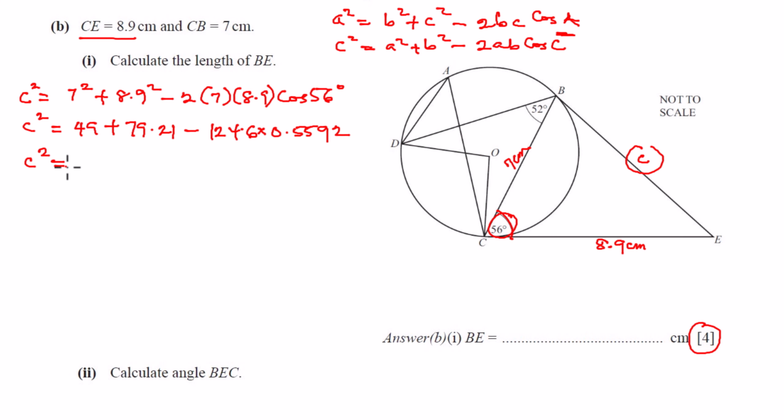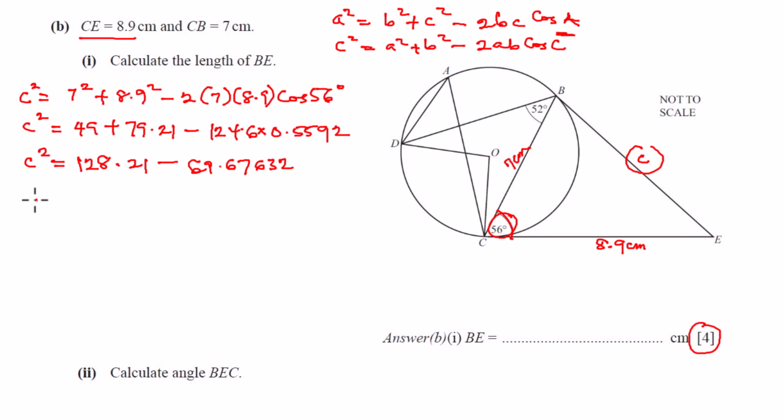Okay, let's sort that out. So I have c squared is 49 plus 79.21. That's 128.21 minus 124.6 times 0.5592. That's 69.67632.